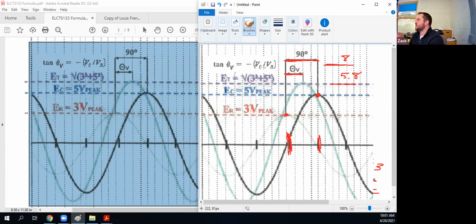And that all has to do with those phasor triangles. So all these formulas that are being thrown at you, this is where they're coming from. The formula itself is pulled right out of the book. It's on your formula sheet, but this picture helps illustrate where it's coming from.